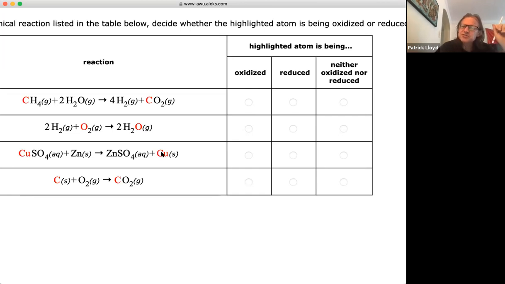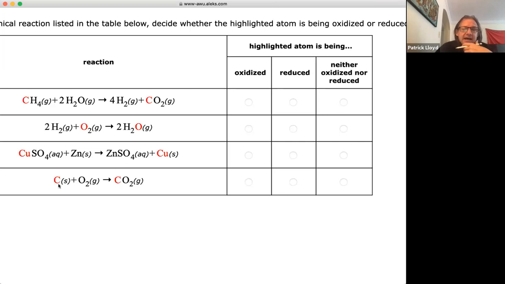Really what happened was it went from a charge of +2, gaining 2 electrons to become 0. So that's a gain of electrons. So the copper got reduced.